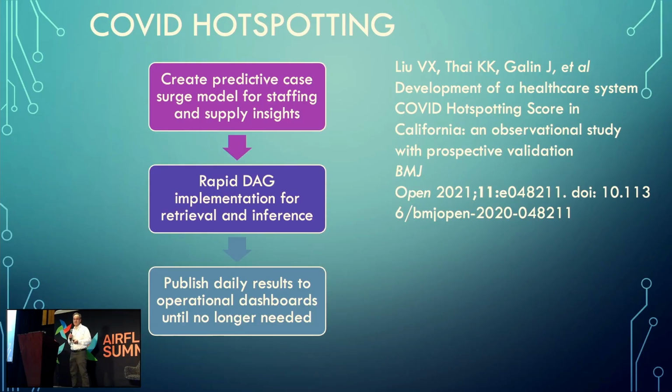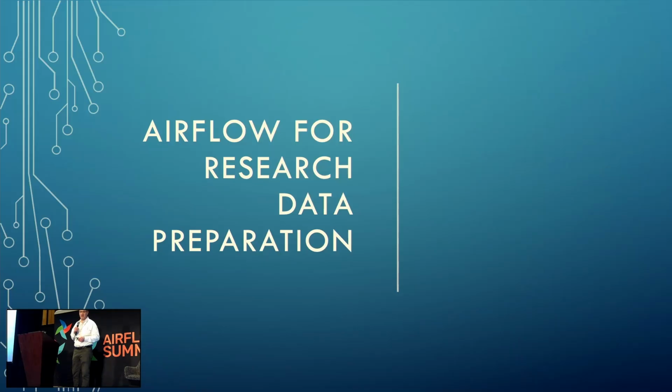And to that end, we created a surge model very rapidly and implemented a daily DAG that then would take daily patient data, do those predictions, and publish that data to an operational dashboard. So that's more or less a traditional DAG model.